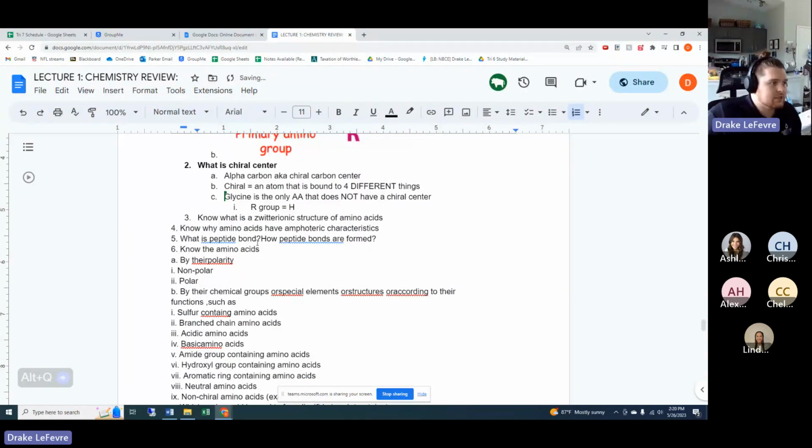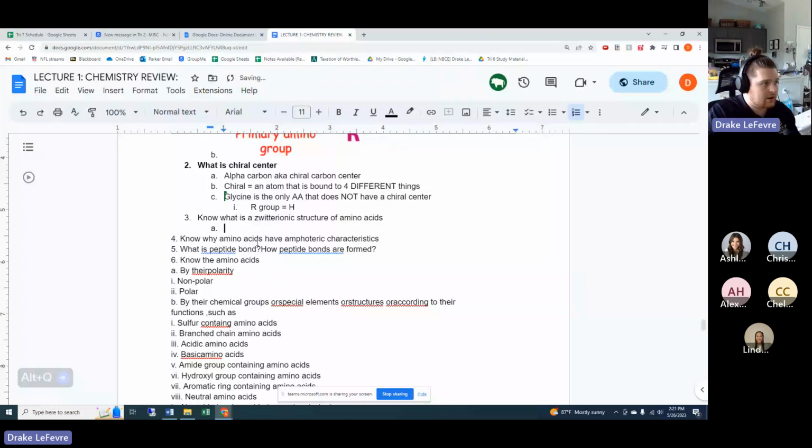Okay, know what the zwitterionic structure of amino acids is. So zwitterion, we'll talk about this a little bit. What is the definition of a zwitterion? When it has both positive and negative parts? Or is it acid and base parts? A molecule that can act as both an acid and a base.